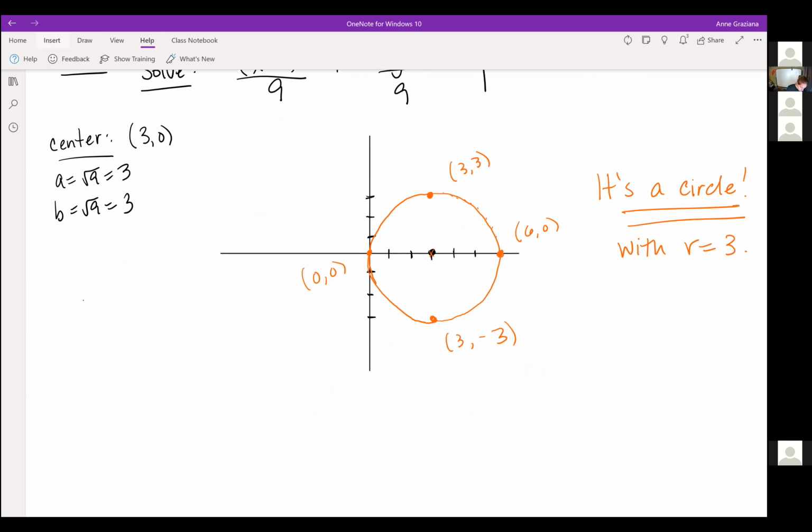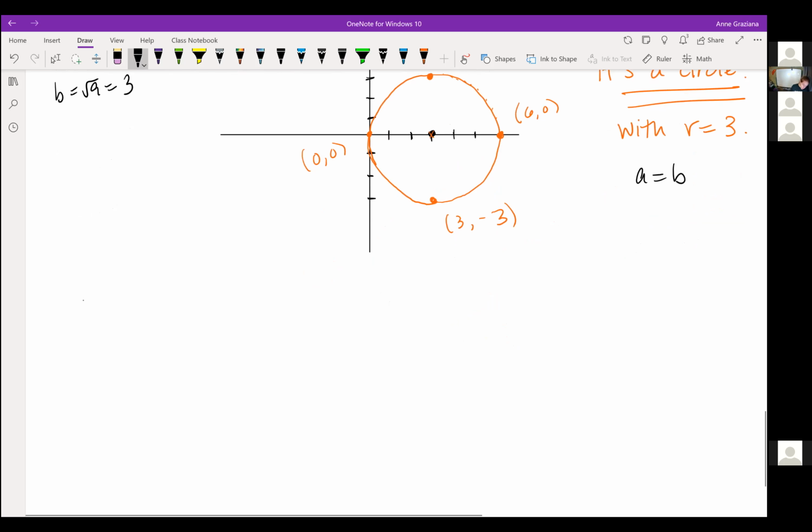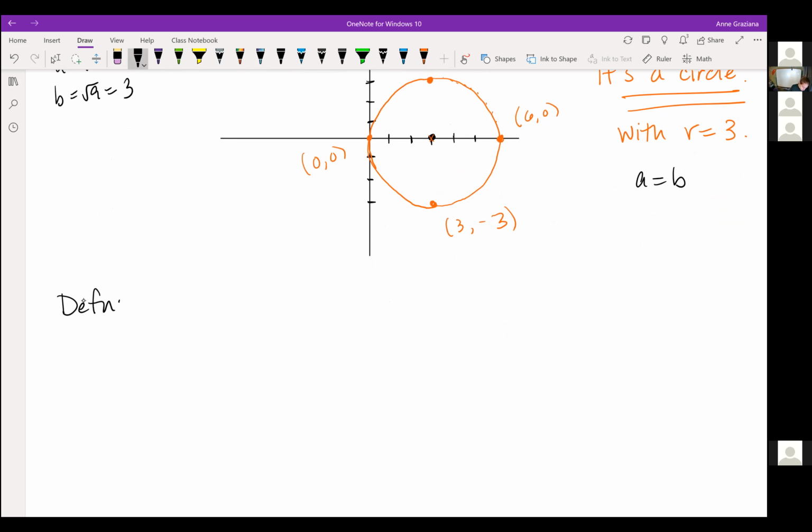So another observation is A equals B. Okay, so let's do the definition here. A circle is a set of points in a plane, so in our case on this grid, that are a fixed distance.